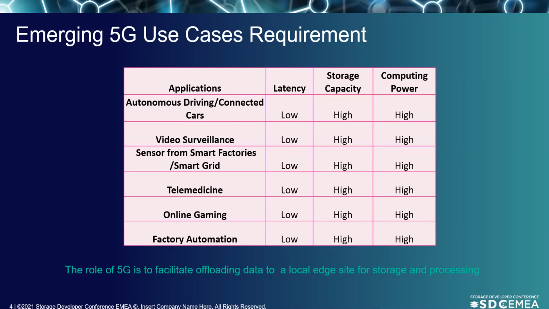Similar data explosion will be seen in all other 5G use cases, whether it is telemedicine, online gaming, or factory automation. The role of 5G here will be to facilitate offloading data to a local edge site for storage and processing.